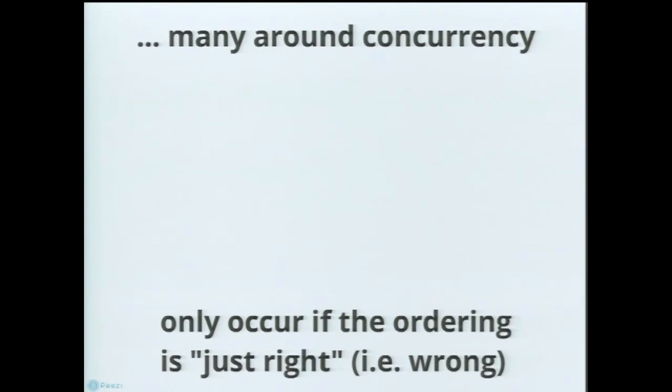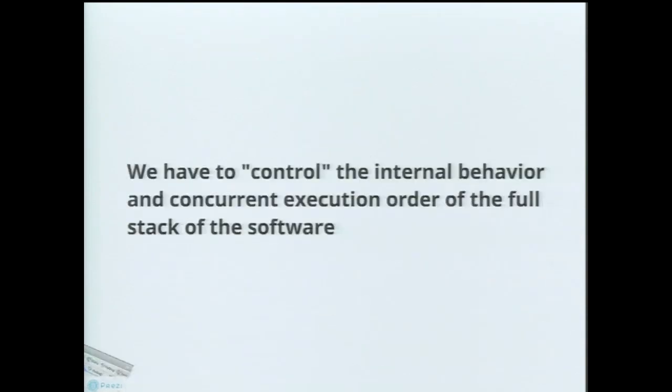Many of these issues were around concurrency. And the thing about concurrency issues is that they only manifest if all conditions are just right. Or wrong, as it may be. And so some way we have to control the internal behavior of the database in order to get to the right state for the bug to manifest. And that's hard when you've got one big monolithic code base.